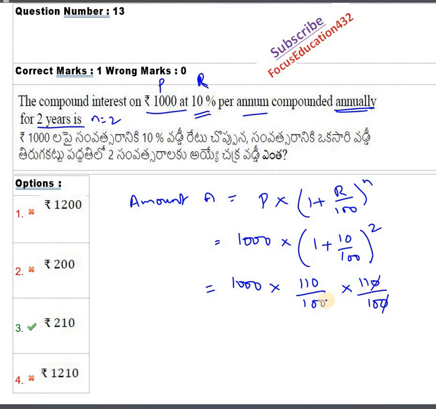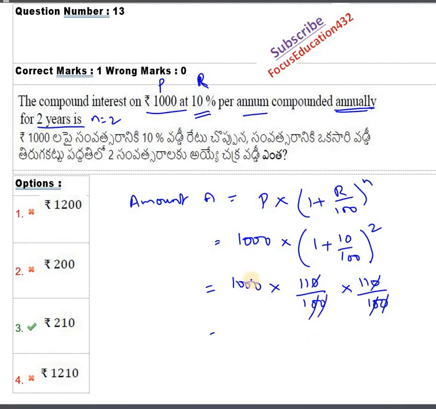So 0, 0 is gone. What else is gone here? This another 0 and this 0 is gone. So what is remaining here? 1000 we have here, 100 is also there.